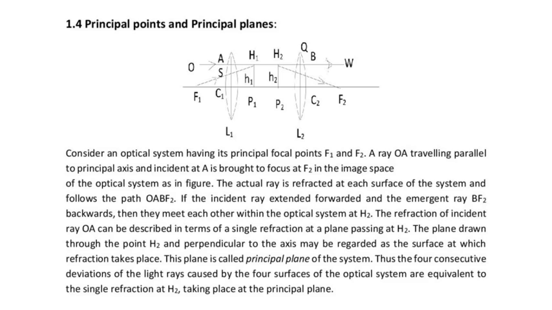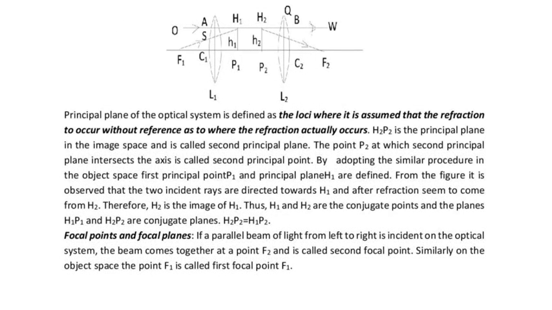Thus, the four consecutive deviations of the light rays caused by the four surfaces of the optical system are equivalent to the single refraction at H2 taking place at the principal plane. Principal plane of the optical system is defined as the locus where it is assumed that the refraction occurs, without reference as to where the refraction actually occurs.